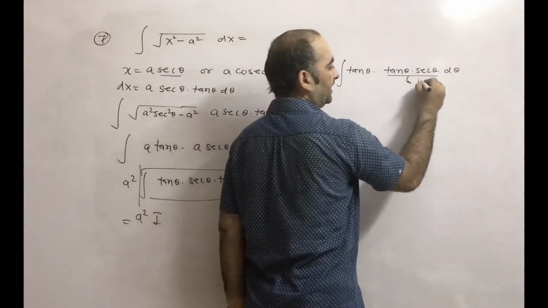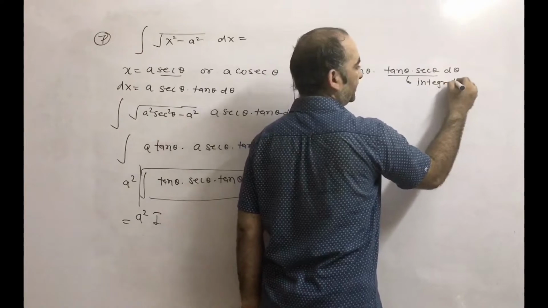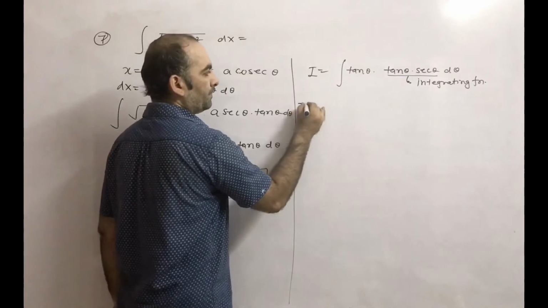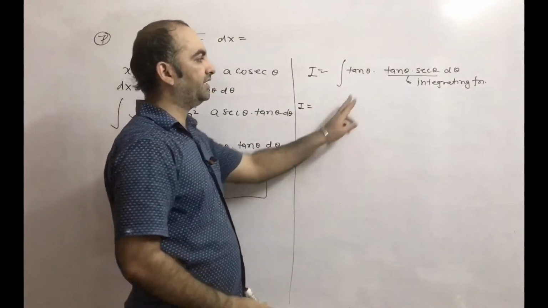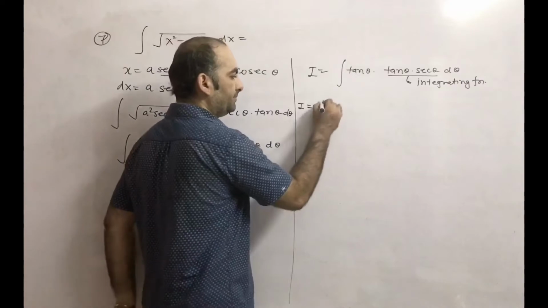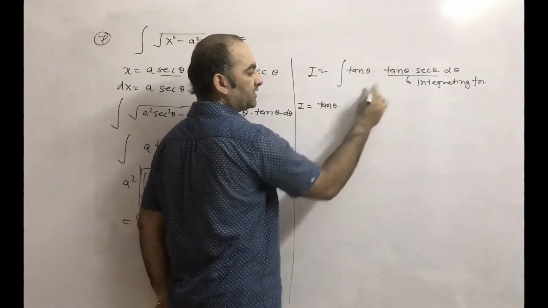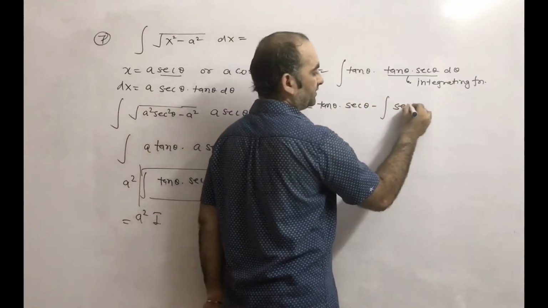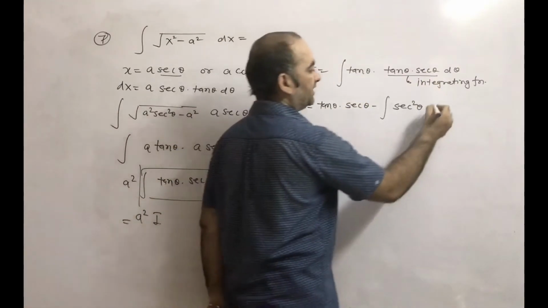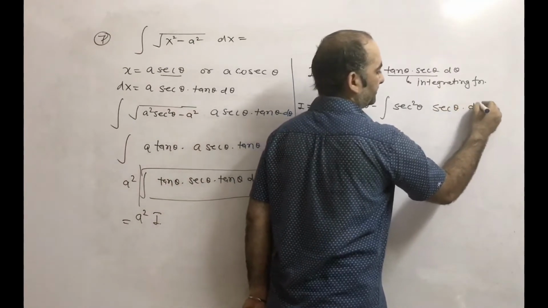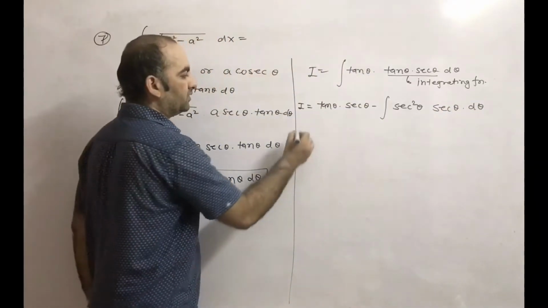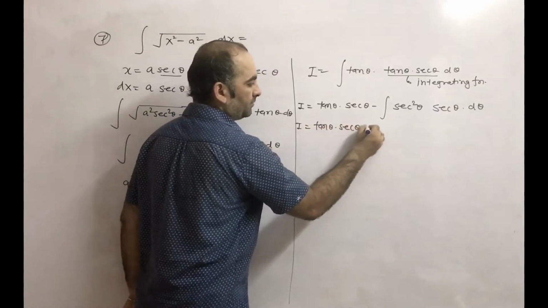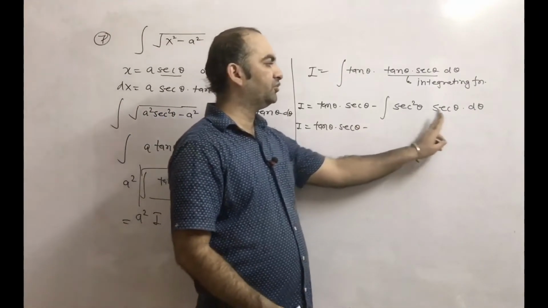So I equals tan theta outside, times the integration of the other, which is secant theta, minus the integration of the derivative of tan theta, which is secant square theta, times secant theta d theta. So I equals tan theta secant theta minus the integration of secant cube theta d theta, which we know.